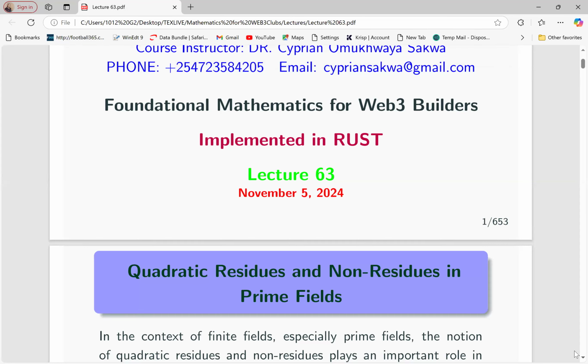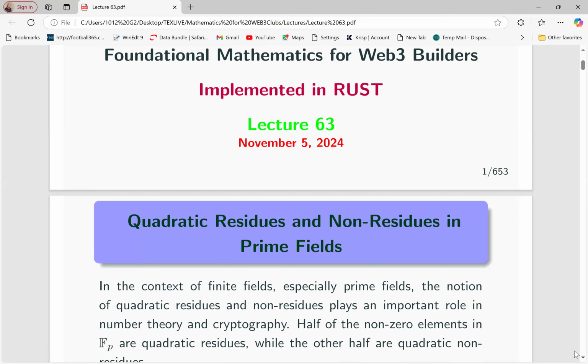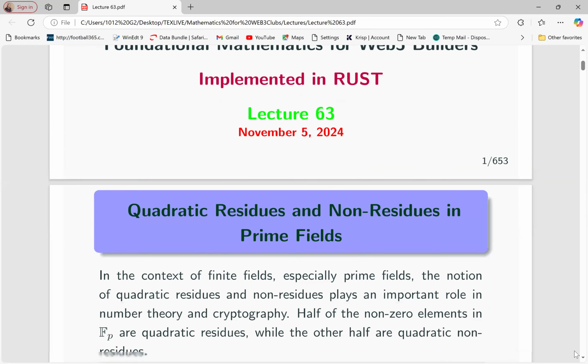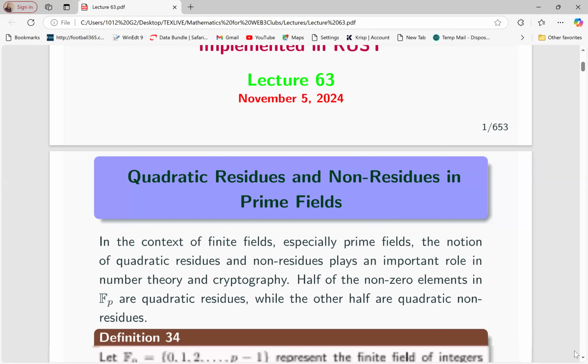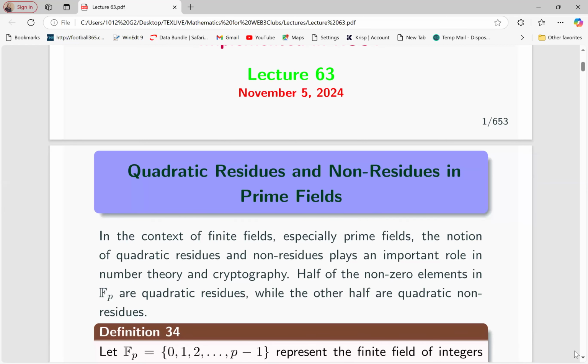So what we need to know is what quadratic residues and quadratic non-residues are, so that whenever we meet these terms, we know what they mean. They're very important in number theory, in cryptography, and in so many other areas of security.